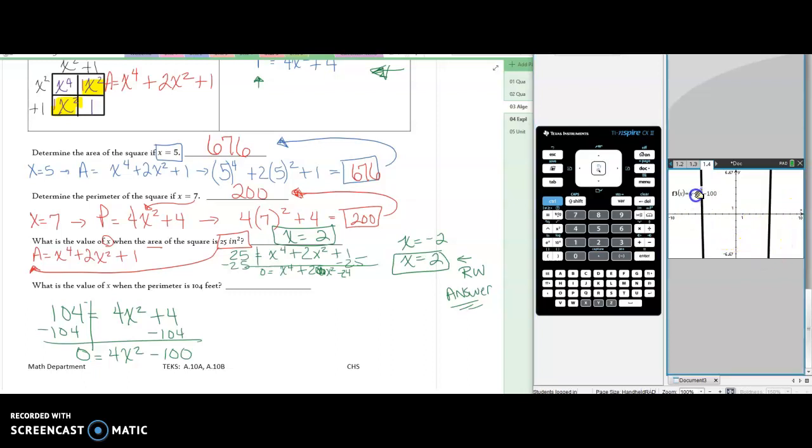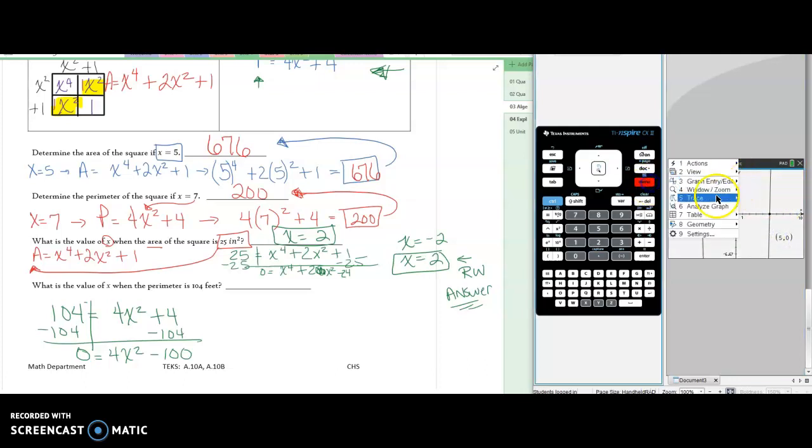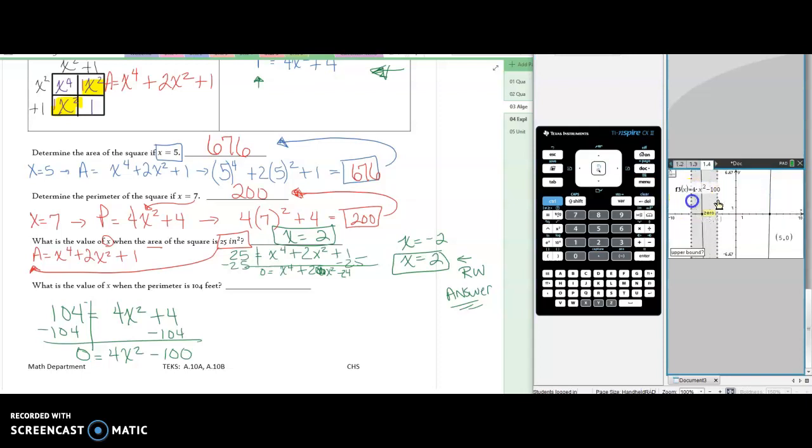Okay, so we have some real world answers and we have some not so real world answers, right? All right, so we know we're going to use this one, but not this one. So let's analyze this thing. Menu, analyze graph, 0. We're going to click, drag, click. All right, so my real world answers, I have x is equal to -5, and I have x is equal to 5.